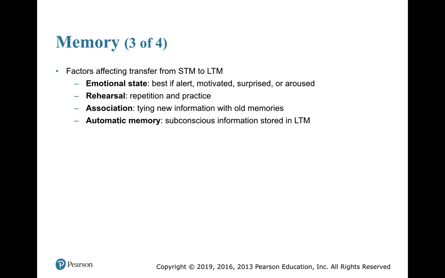Rehearsal, repetition, and practice, which is why we give you homework to practice and repeat everything. Association, good ideas to try to link new information with old information. And automatic memory occurs in the subconscious. Information is stored in long-term memories.